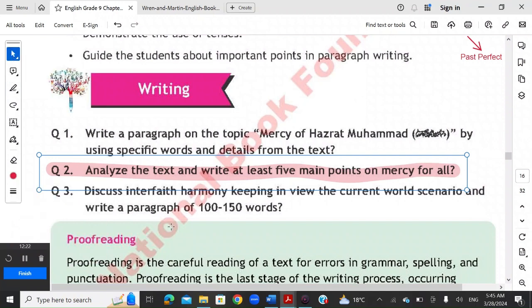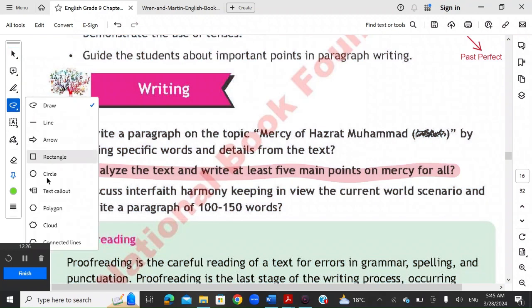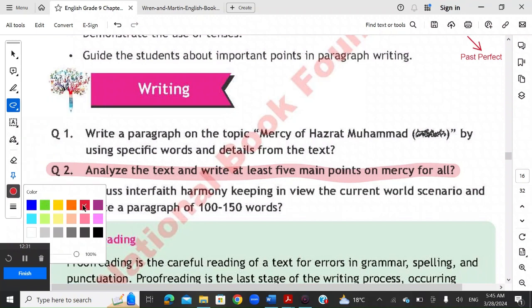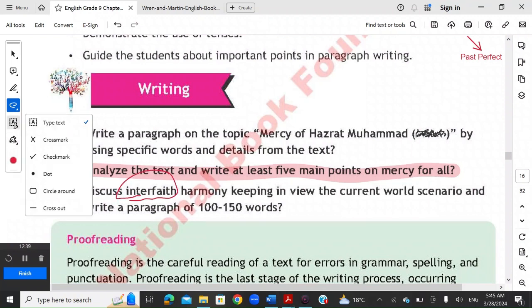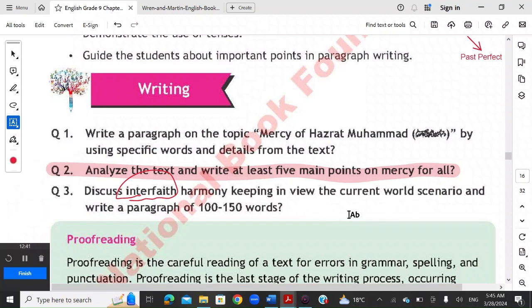Discuss interfaith harmony. What do you understand from interfaith harmony? Interfaith harmony is the relationship between different religions. What is interfaith harmony?